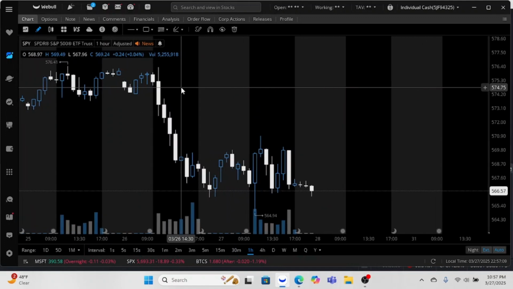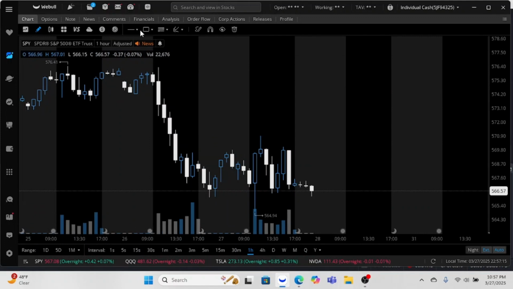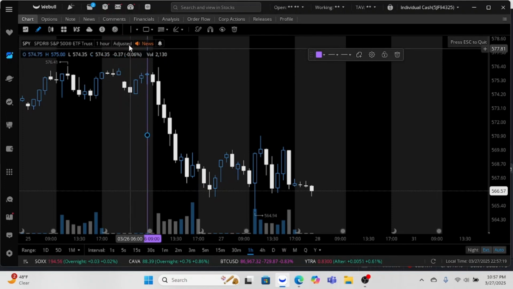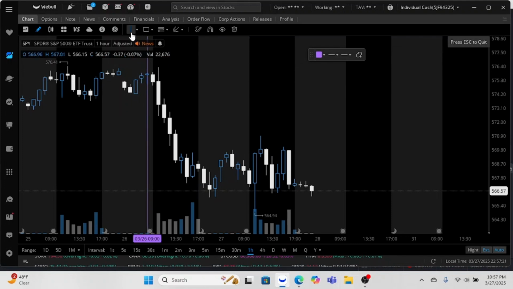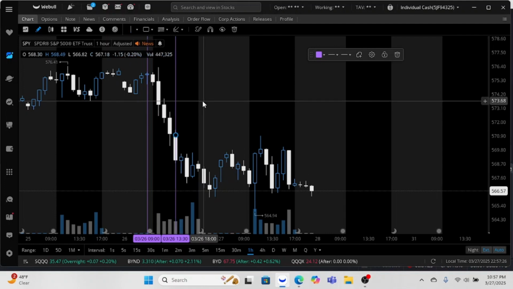Now a fair value gap is 3 candles. So we have 3 candles right here. We section that off.